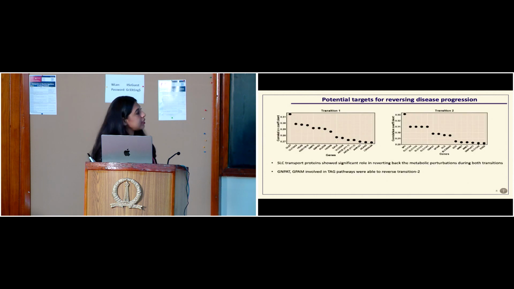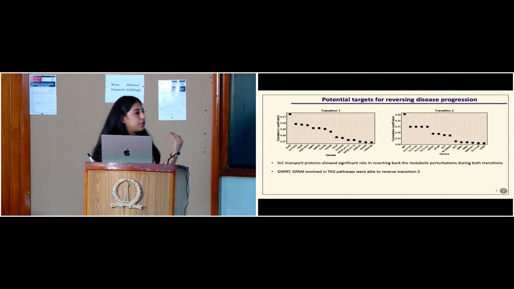So this slide basically shows the hits we got while doing in silico gene knockout. Now how we performed in silico gene knockout: suppose there is a gene and it is catalyzing a few reactions, so the bounds of those reactions were set to 0, and then the flux profile was evaluated.